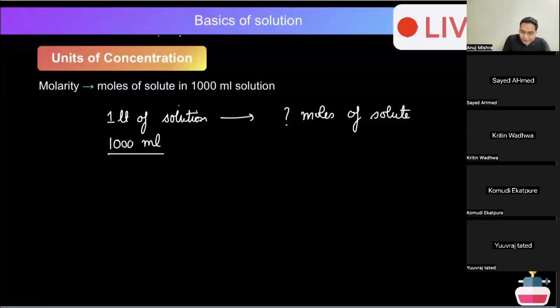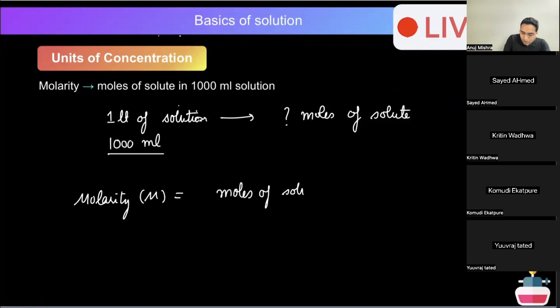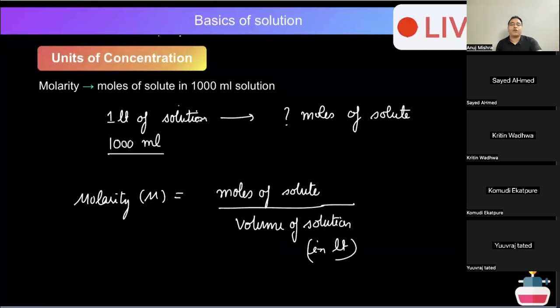And if we want to define it in terms of a formula, molarity is represented by capital M, which is moles of solute divided by volume of solution in liter. This is the formula. I would prefer that you don't go with the formula approach; rather than this, you understand this line.